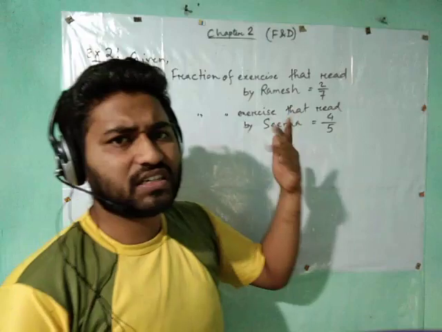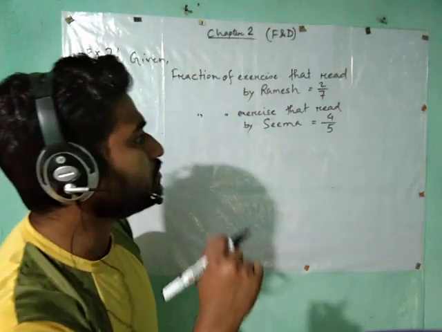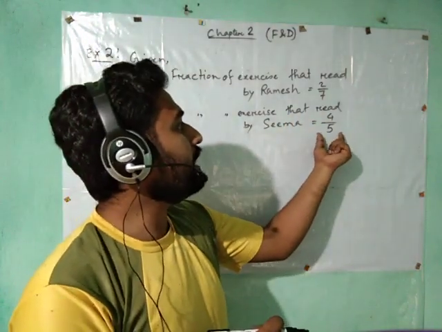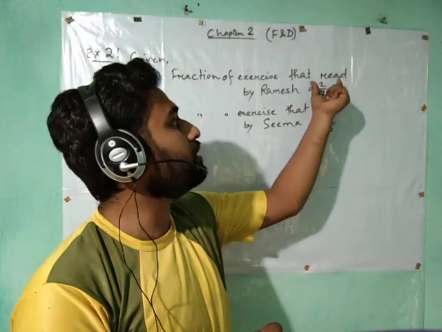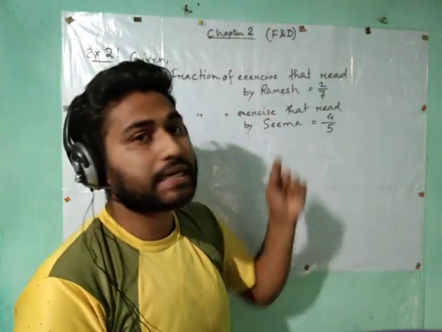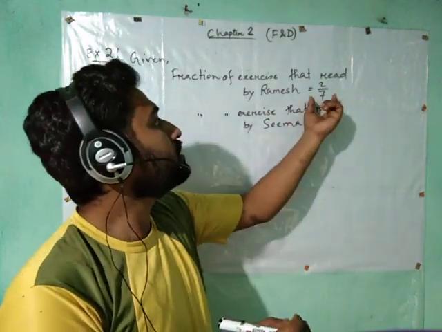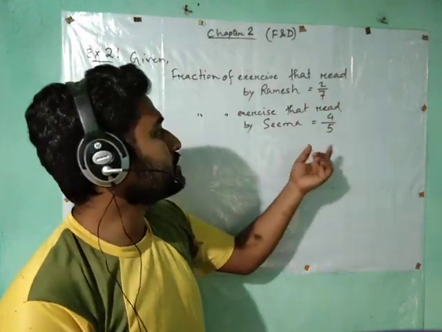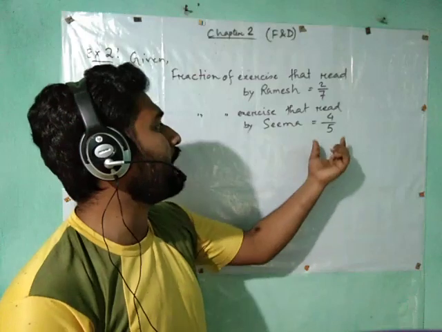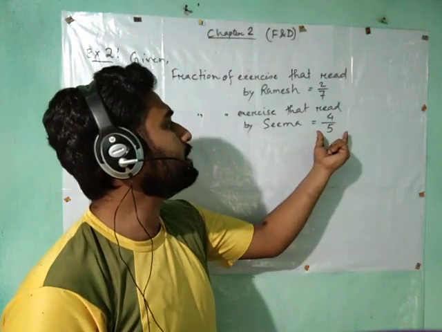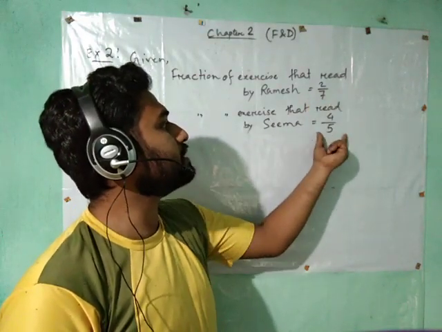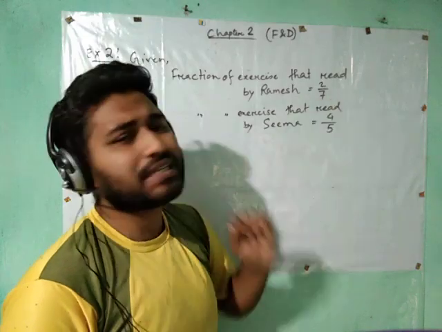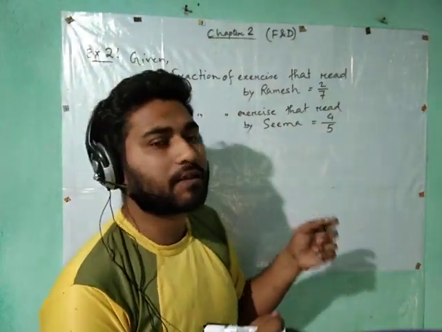So nothing is matching. Now what will you do? You will make either both the numerators the same, or both the denominators the same. And normally we find it easier to make the denominators the same, that means 7 and 5.